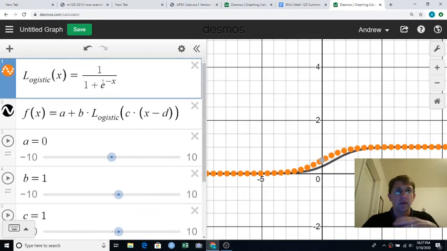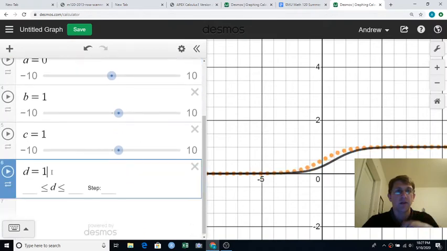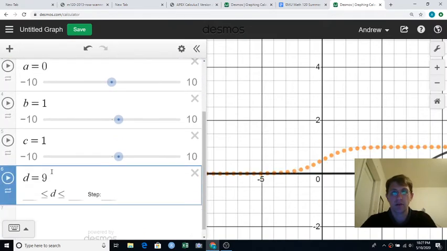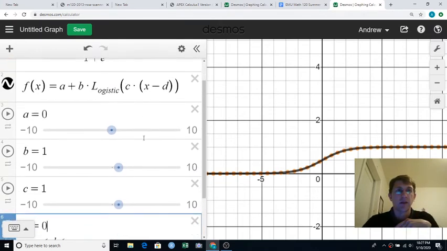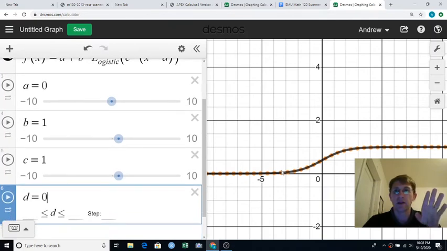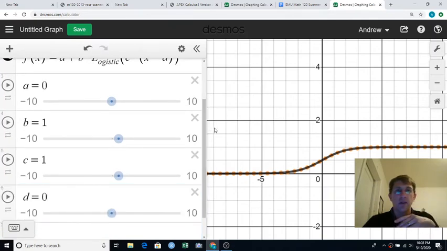C of 1, because we just have x in there. So if C is 1, then I just multiply x by 1 and it goes there. And then D of 0, because I don't have a subtraction term originally, so I would just put a 0 there. So those are the default settings to get the same curve that we started with.